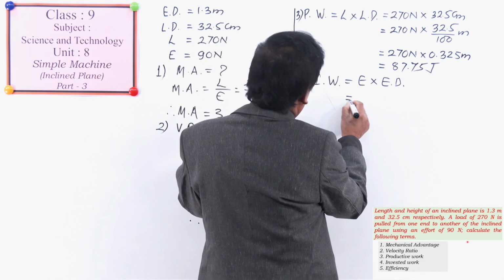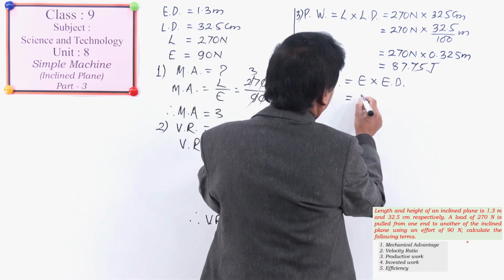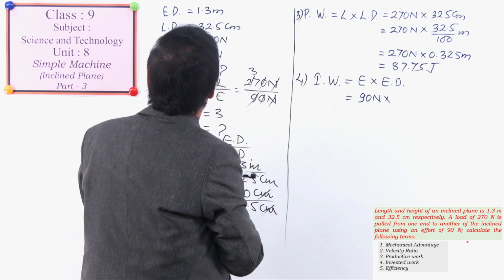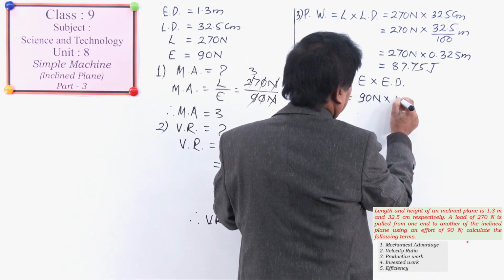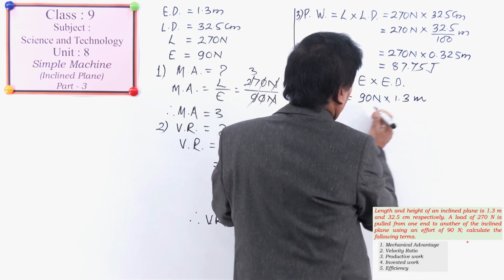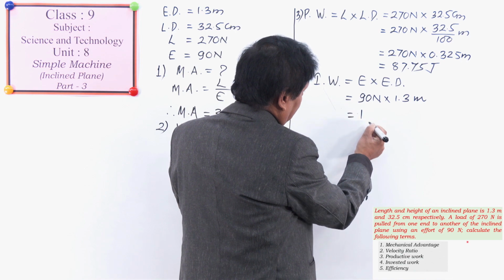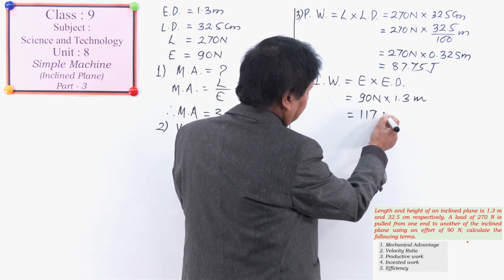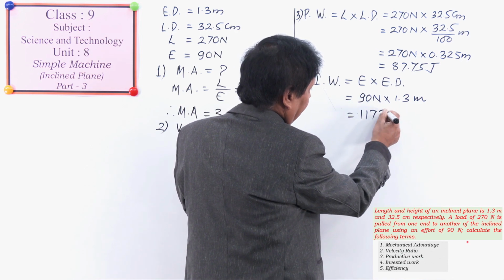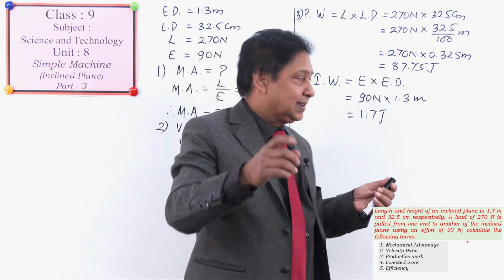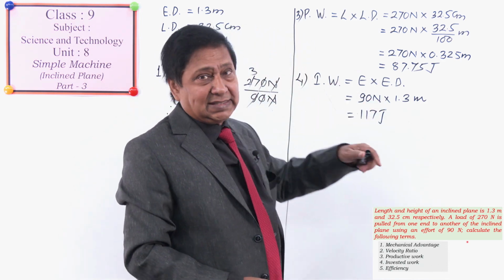If effort is 90 Newton and effort distance is 1.3 meter, now multiplying this, 13 9s are 117, yes, Newton meter joule. 117 joule is the invested work.